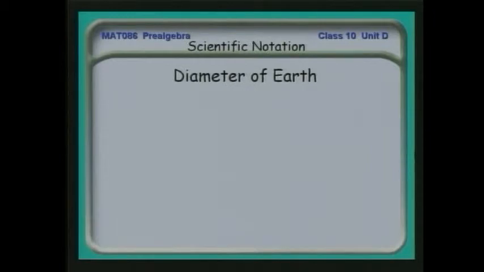Another thing we've looked at was scientific notation. This is useful when we have very large or very small numbers. For example, if we have the diameter of the Earth in kilometers, 12,756 kilometers. We want to write that as a number between 1 and 10 times 10 to some power.